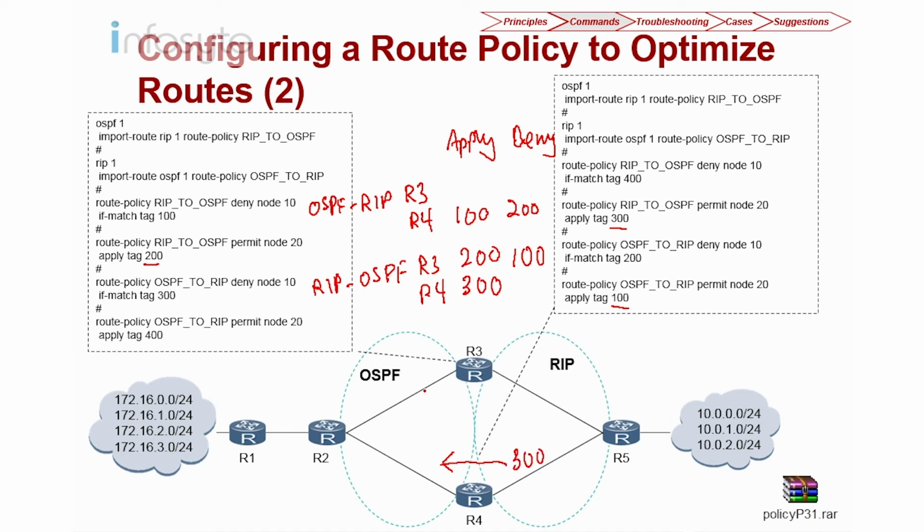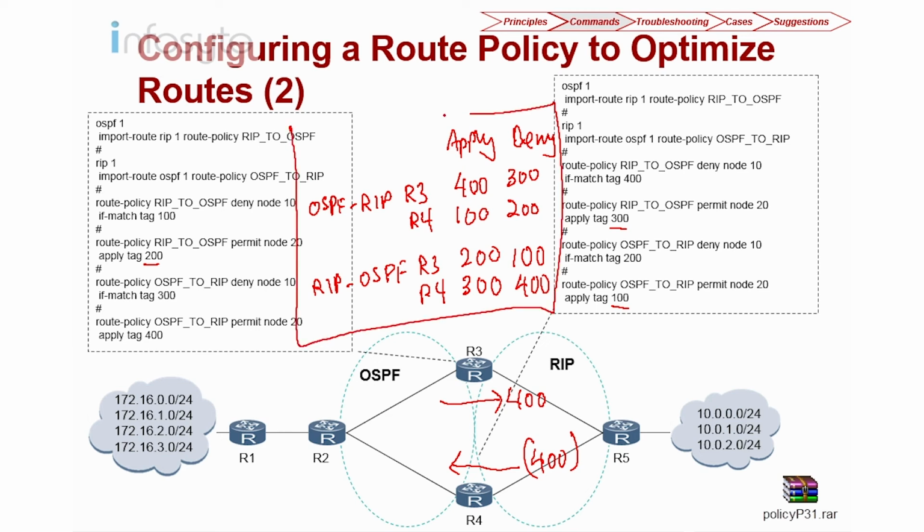So when OSPF goes back into RIP in router 3, we have to deny the 300 tag. And the final one, if we do OSPF to RIP, here we are using 400. So we are going to apply 400, and when RIP goes back into OSPF in router 4, we are going to deny the 400.